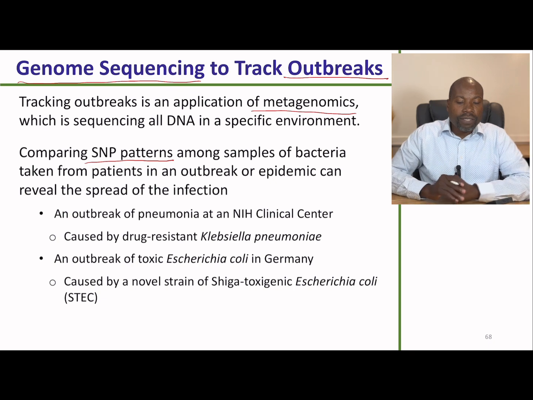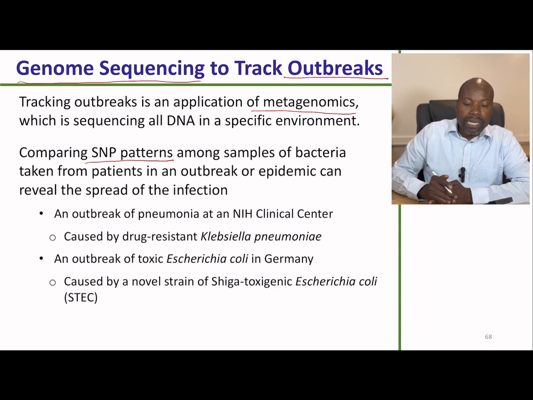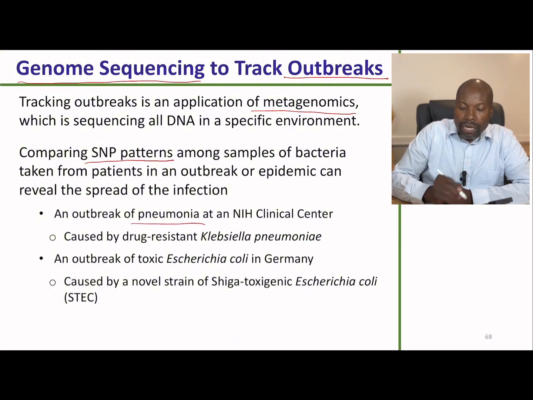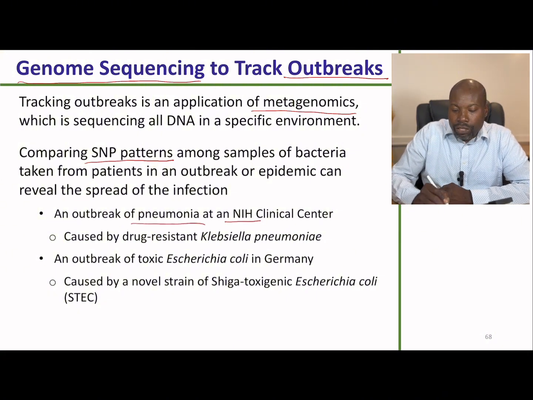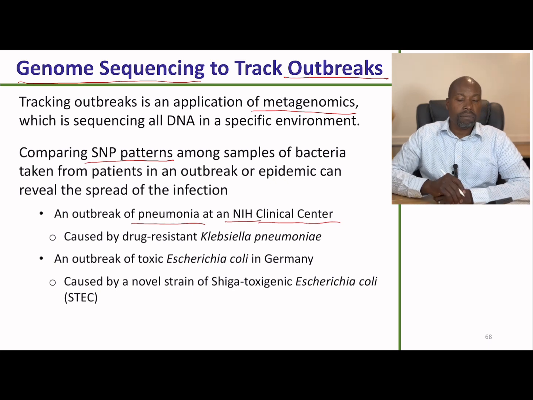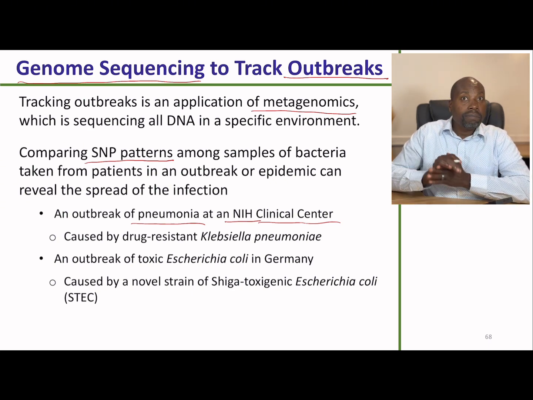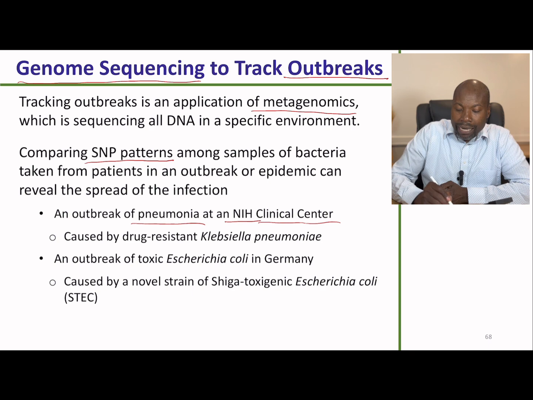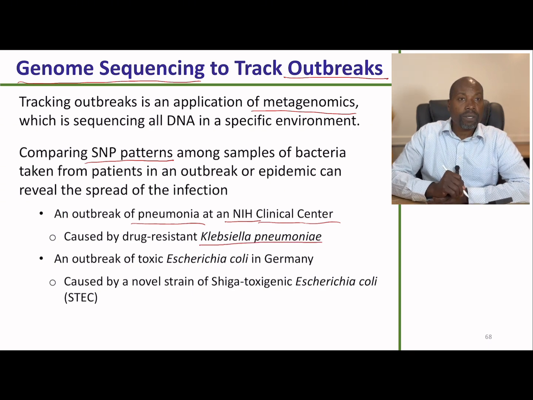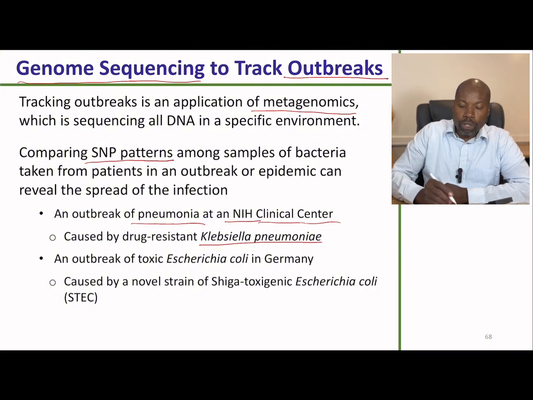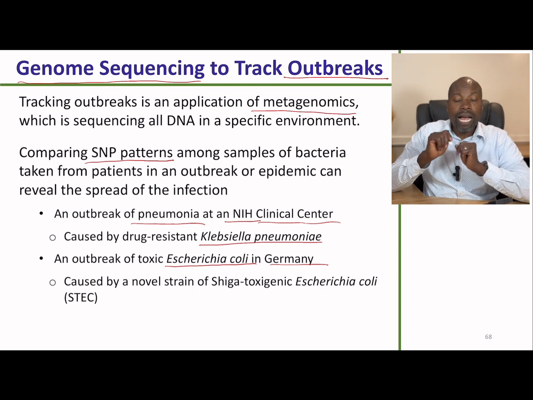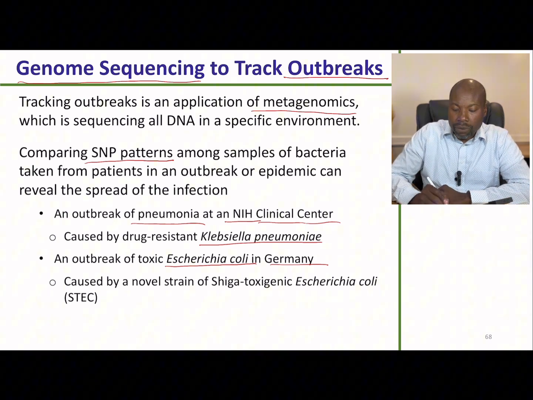This is, for instance, how it was possible to show that there was an outbreak of pneumonia at an NIH clinical center, and that outbreak was caused by Klebsiella pneumoniae. Another outbreak was also traced back to Escherichia coli in Germany, caused by Shigella toxigenic Escherichia coli.